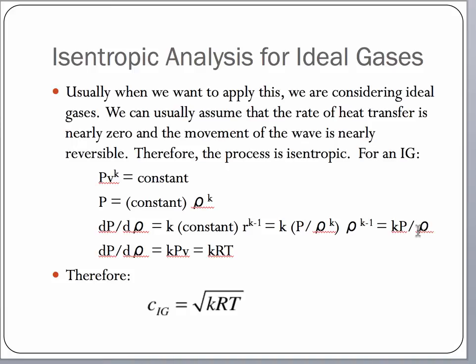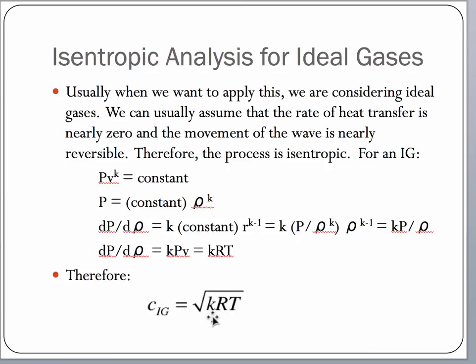Now, if I actually do that derivative, going through the steps, I end up with Kp divided by the density, or Kp times the specific volume. But P times specific volume is RT, because I said it was an ideal gas. And so C for a sound wave moving through an ideal gas, for instance through the air, is the square root of KRT.